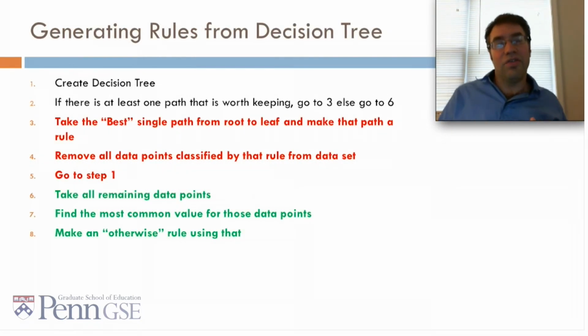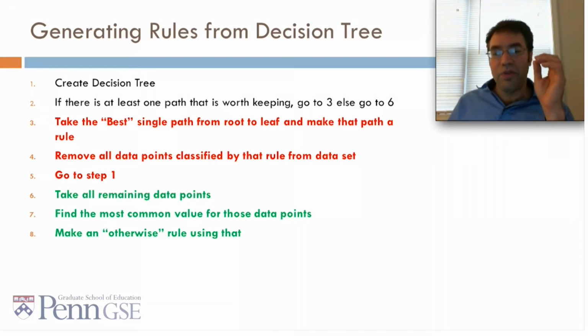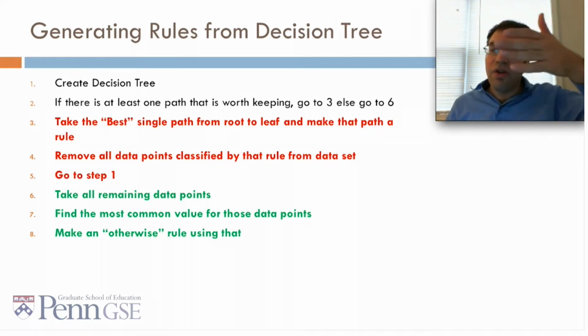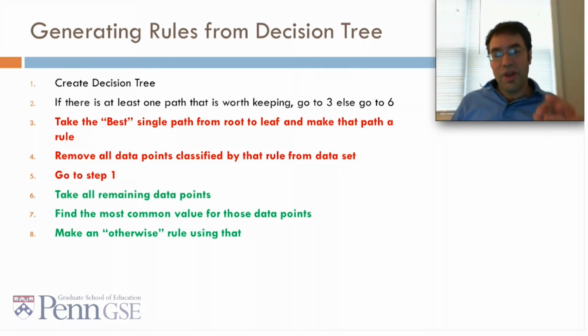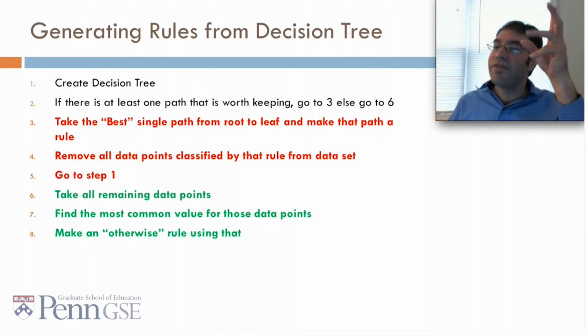The path that you take in JRIP to generate rules from decision trees is, you take a decision tree. If there's at least one path that's worth keeping, whatever that means, go to step 3, else continue on to step 6. For step 3, take the best single path from the root of the tree to the leaf of the tree, any leaf, and make that path a rule. And again, how best is defined varies between decision rule algorithms.